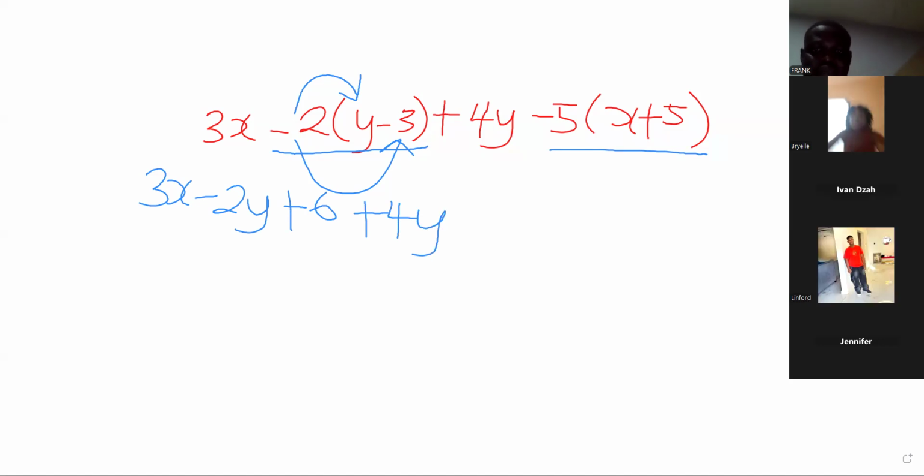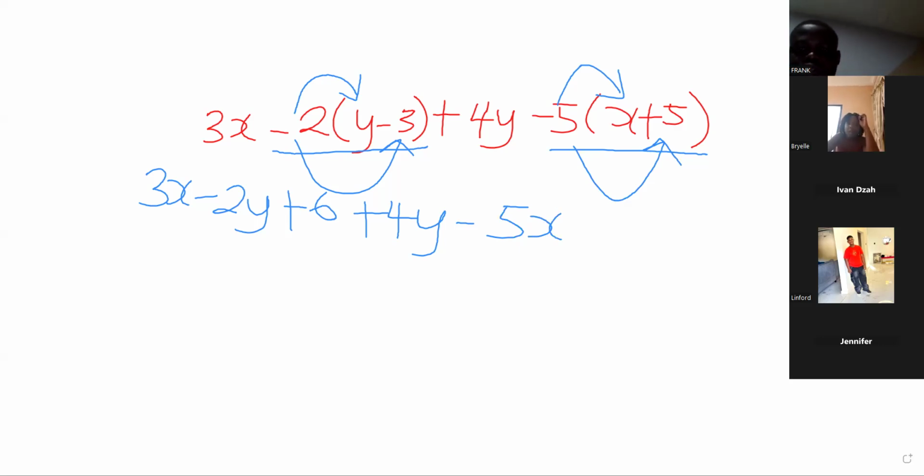Then the fifth term, you're going to expand. So negative 5 times the first term and then negative 5 times the second term. What's negative 5 times x? Negative 5x. So what's negative 5 times 5?